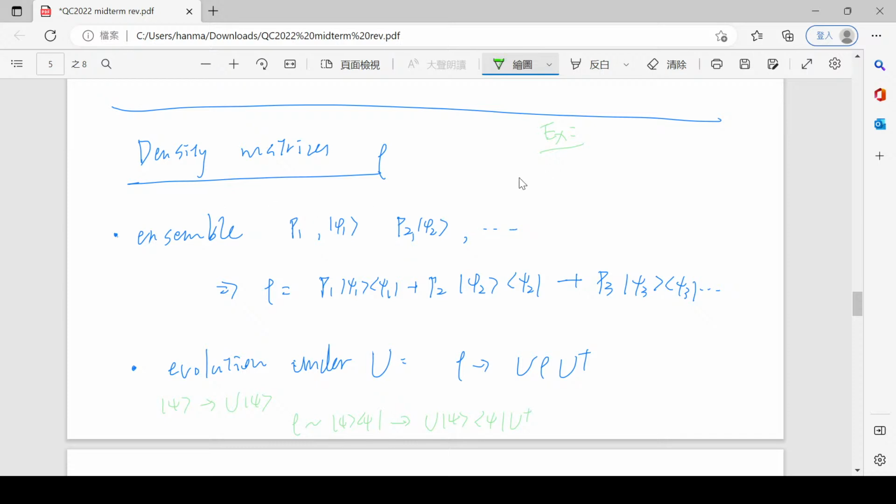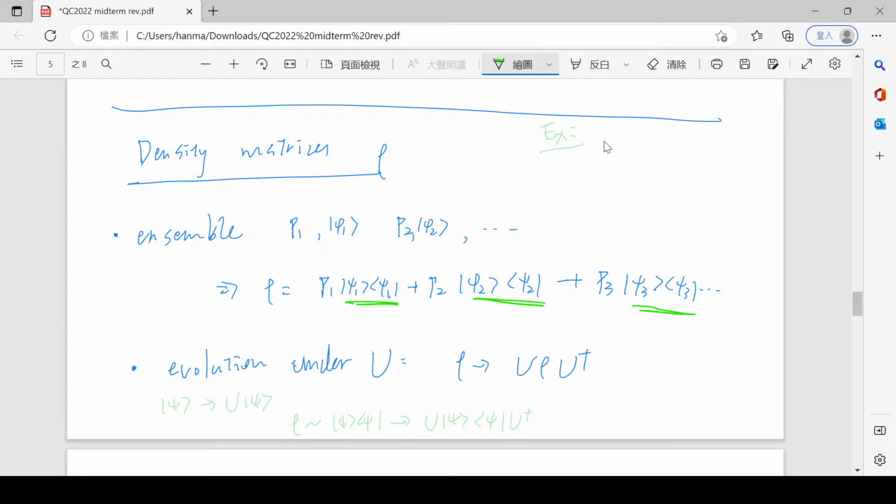So you can think about density matrix rho as representing a probability mixture of pure states. So maybe you have some probability P1 of state psi 1 and probability P2 of state psi 2, and so on. Then the corresponding density matrix will be P1 times the projector onto psi 1, plus P2 times the projector onto psi 2, then P3 times the psi 3 projector, etc.